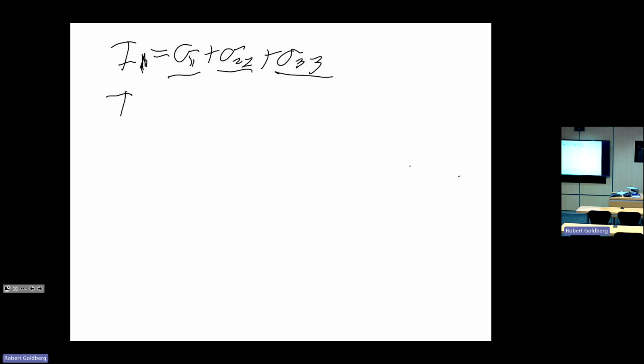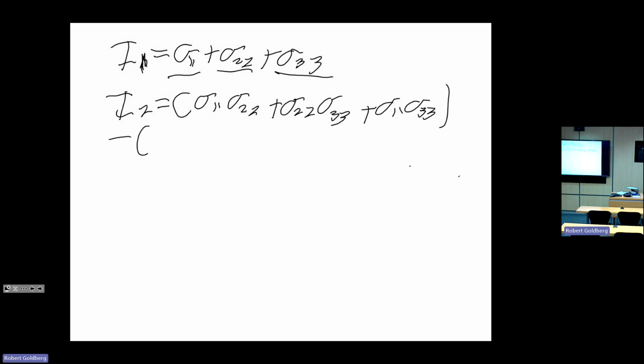Likewise, I2 is equal to sigma 11 sigma 22 plus sigma 22 sigma 33 plus sigma 11 sigma 33 minus sigma 12 squared plus sigma 13 squared plus sigma 23 squared.